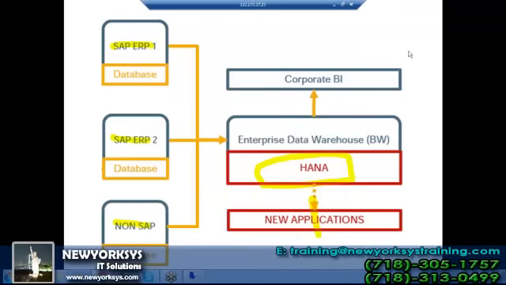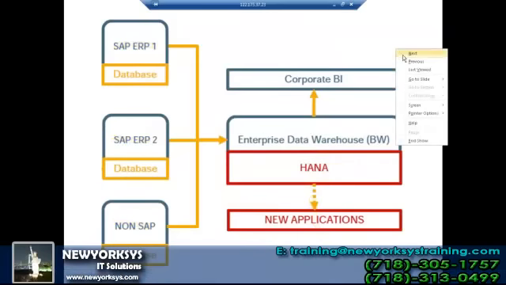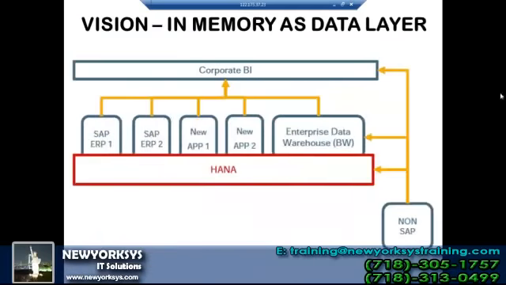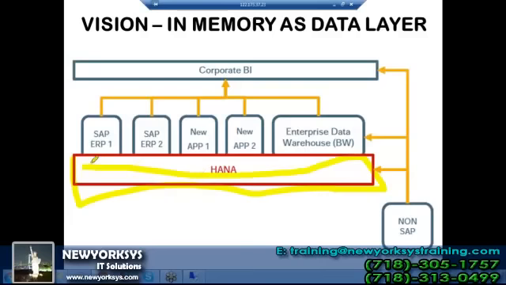So going forward, the vision of SAP is to have, we are talking about a future state of HANA. Right now this is not available. You can see here, there is HANA as one in-memory database. On top, you can run multiple SAP, non-SAP systems.